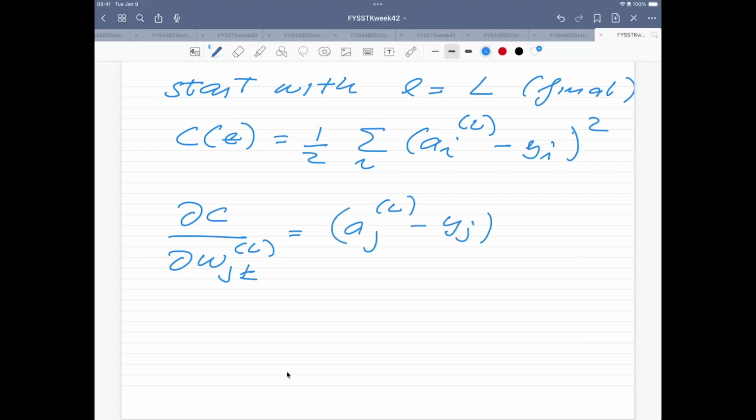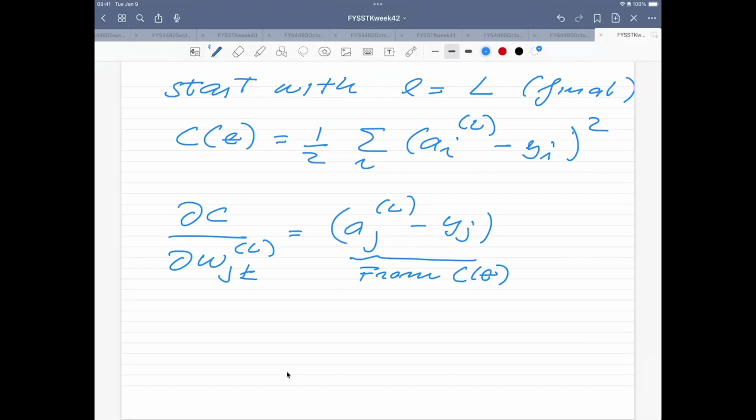And that is a quantity which comes from the specific cost function. If you have the binary cross entropy, which we will have for classification problems, this function is going to be different.